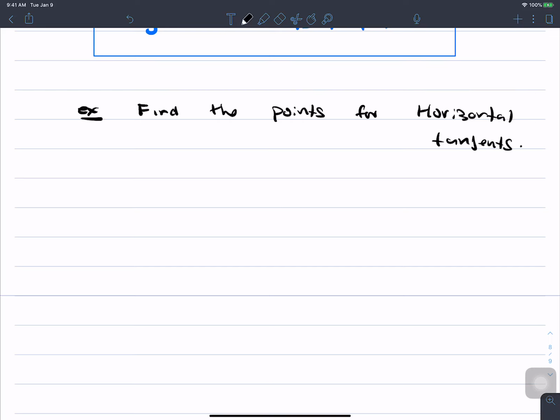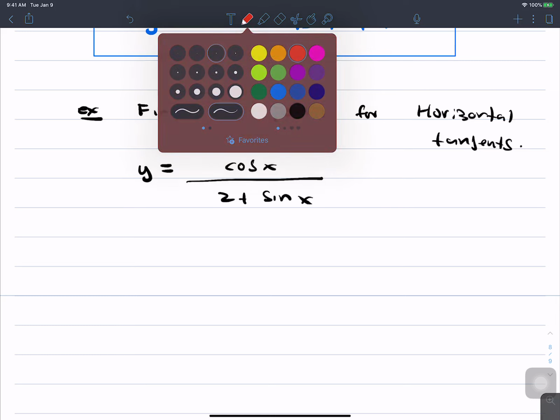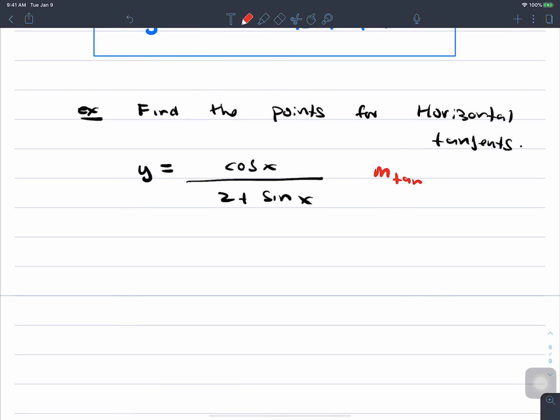So it's the horizontal tangent question. y equals cosine x over 2 plus sine x. Now remember, horizontal tangents happen when the slope of the tangent line is 0.